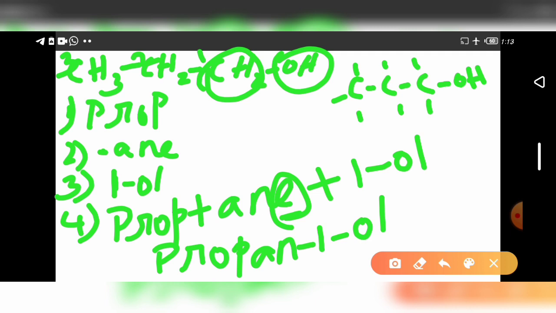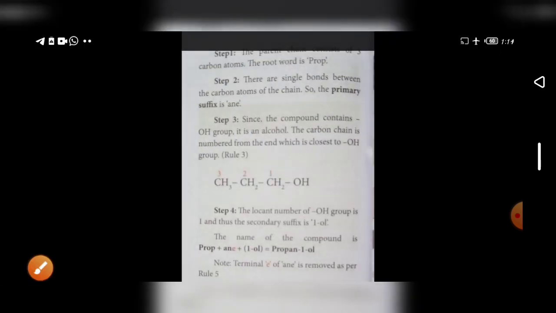We will see what steps are given in your book itself. First step, the parent chain consists of 3 carbon atoms. The root word is prop. There are single bonds between the carbon atoms of the chain, so the primary suffix is ane. Third step, since the compound contains an OH group, the functional group, it is an alcohol. The carbon chain is numbered from the end closest to the OH group.